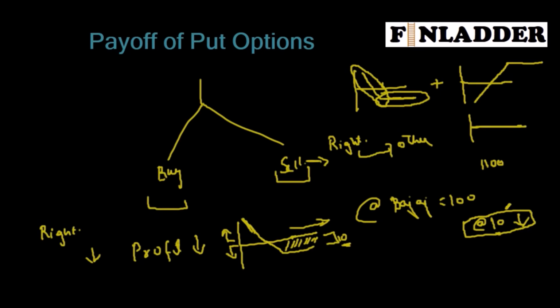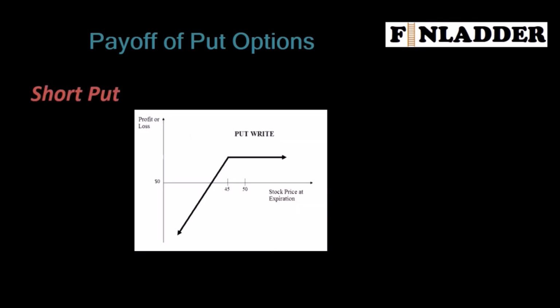Now let's come back to the graphical representation of a short put. In this graphical representation of a short put, let's suppose our strike price is 45. Our premium would be this amount, the maximum profit which we can have.